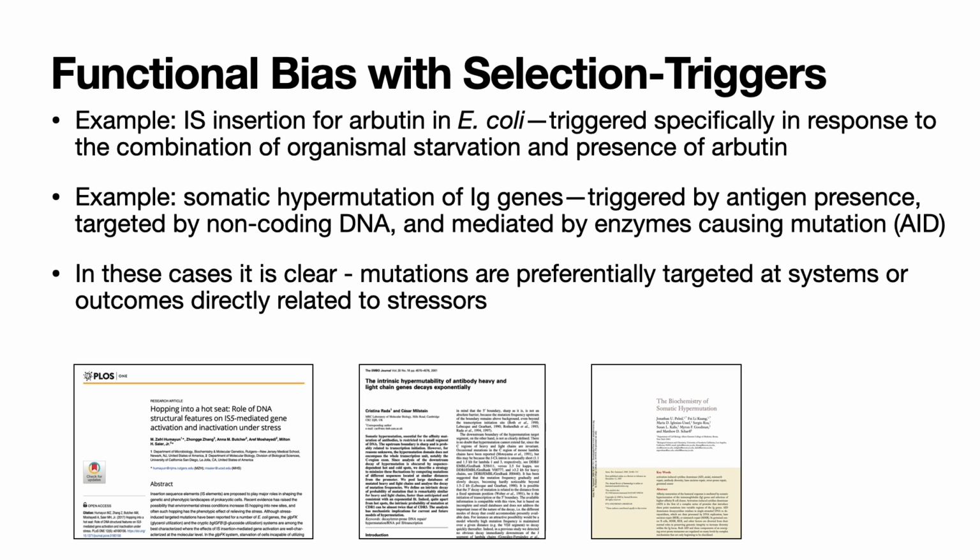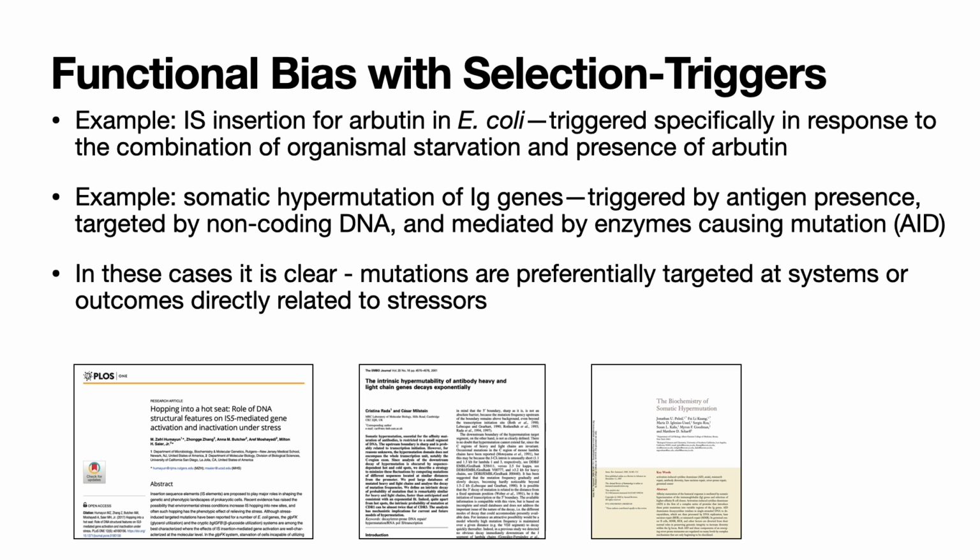The first example is arbutin in E. coli. By default, E. coli cannot process arbutin, even though it has some cryptic genes that can be utilized for that. But the problem is that they lack a promoter.